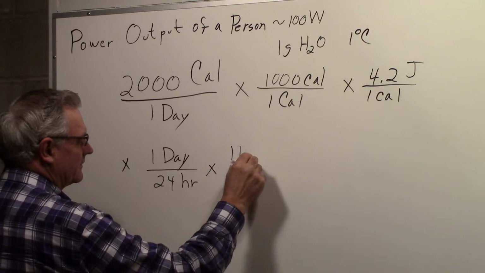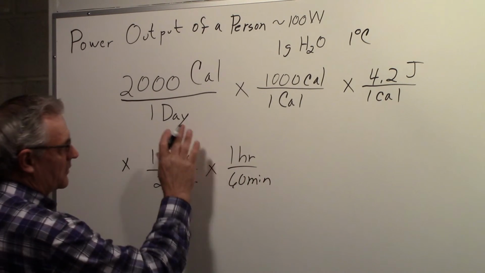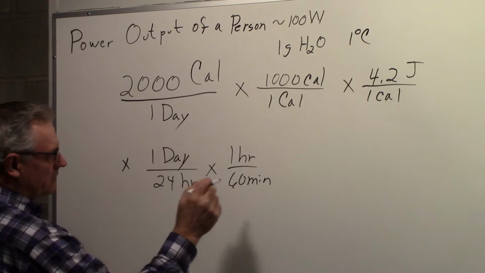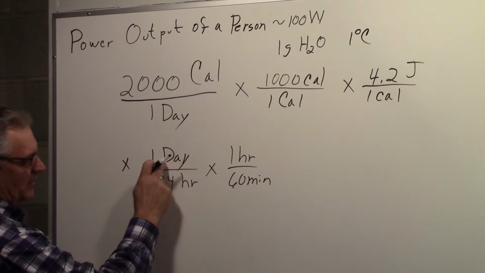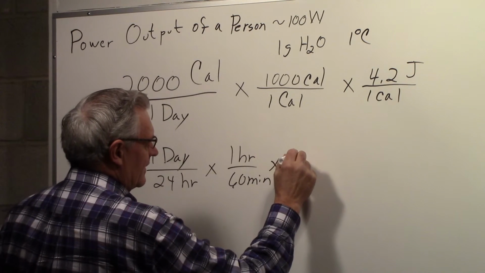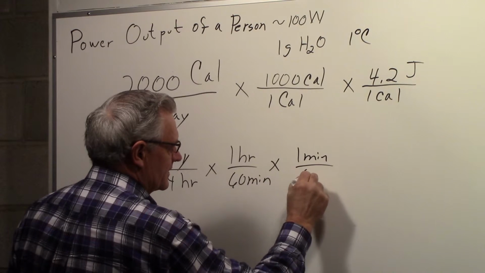And 1 hour is 60 minutes. So all we're doing going along here, we're actually multiplying by 1. 1 day is the same as 24 hours. 24 hours is 1 day. 1 day over 1 day is 1. So we're multiplying by 1. And then 1 minute is 60 seconds.